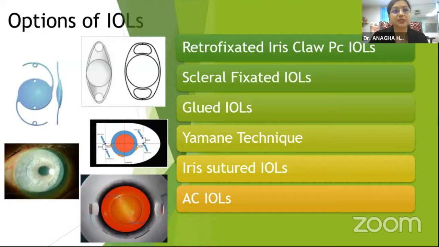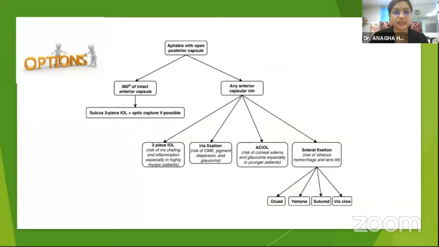Now what are the options that we have? You have retrofixated iris claw PC IOLs, scleral fixated IOLs, glued IOLs using either the Yamane technique or the glue technique, iris sutured IOLs, or the AC IOLs. Now let us see how we can use these options in various situations. First, aphakia with an open posterior capsule.